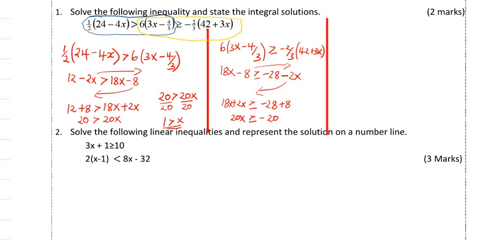To get the value of x, we divide both sides by 20. The 20s cancel, so x is greater than or equal to negative 20 divided by 20, which is negative 1.